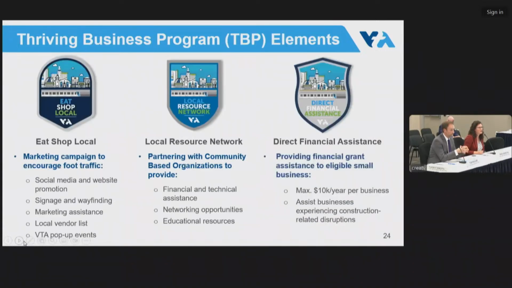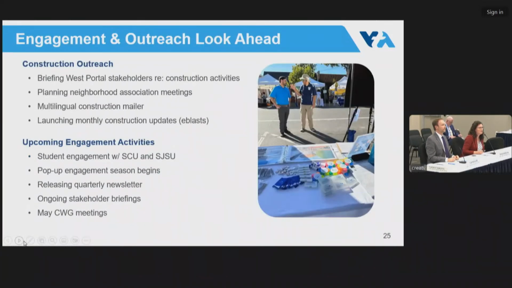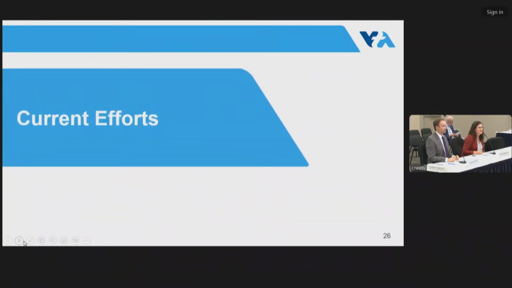The Thriving Business Program is made up of 3 elements: Eat, Shop, Local, which is marketing to support foot traffic, as well as a local resource network to provide technical and financial assistance to small businesses, and then the direct financial assistance. And we talked over the engagement look ahead last night as well, and back to Tom to discuss current efforts.